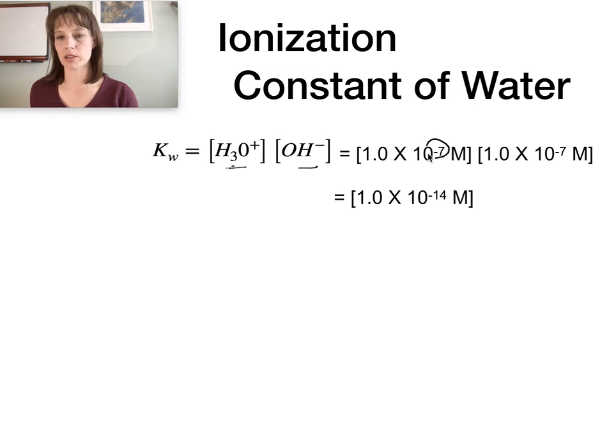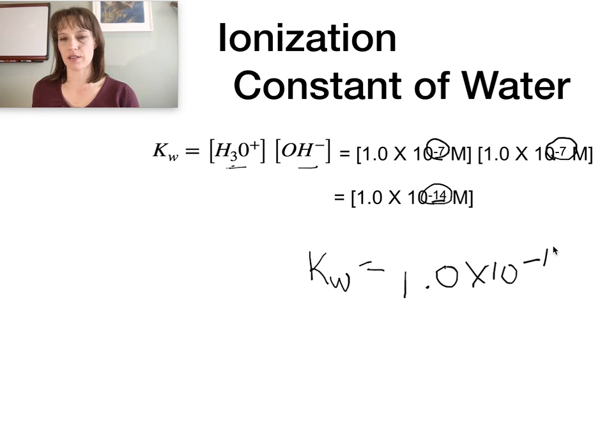When we are multiplying exponents, we add exponents, and so the product here is equal to 1.0 times 10 to the negative 14th molar.